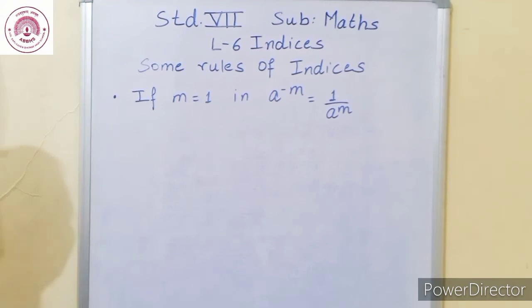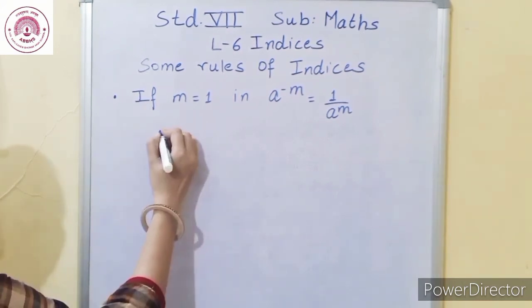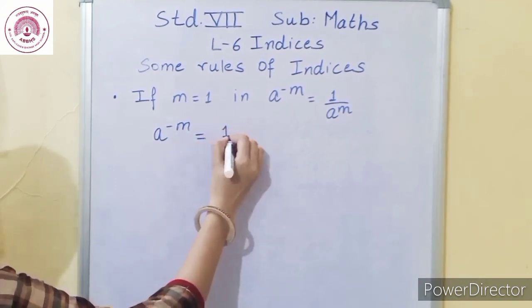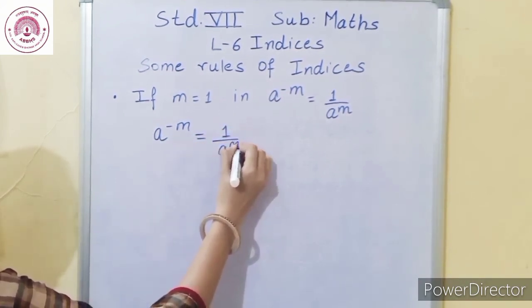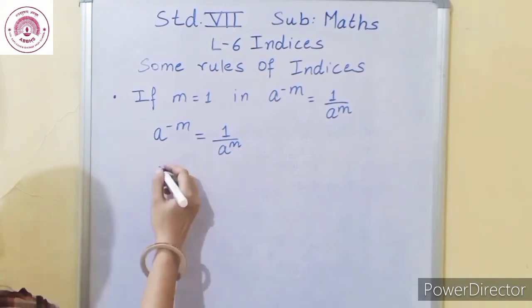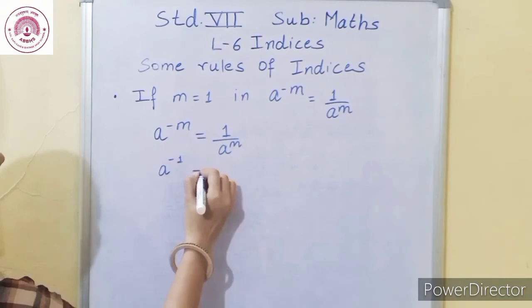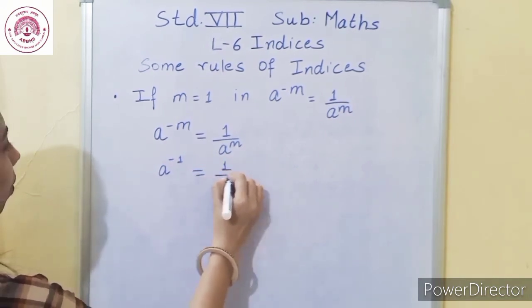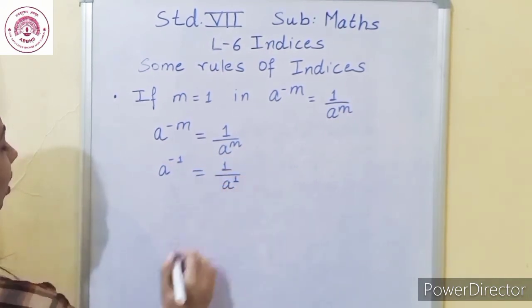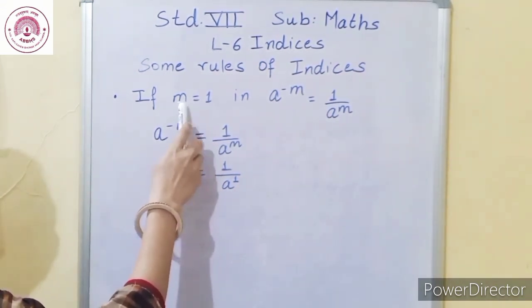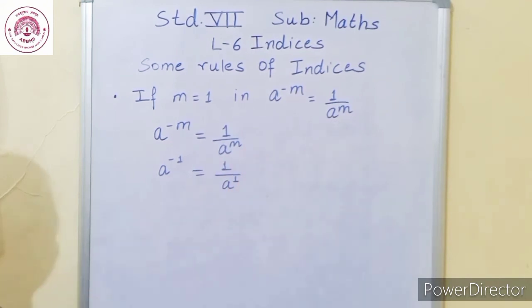If m is equal to 1 in a raised to the power minus m, then a raised to the power minus m equal to 1 upon a raised to the power m becomes a raised to the power minus 1 equal to 1 upon a raised to the power 1. We have substituted m with 1 in this rule.